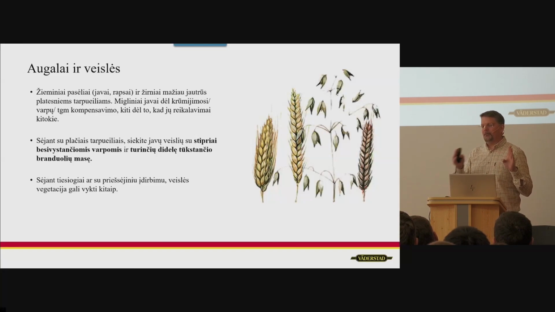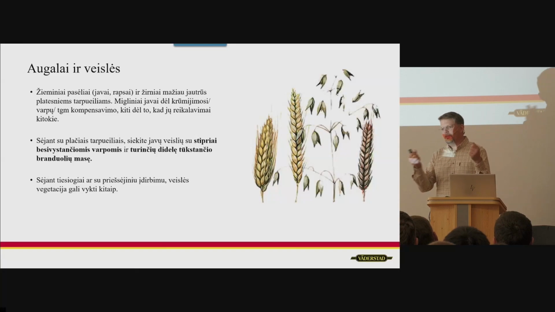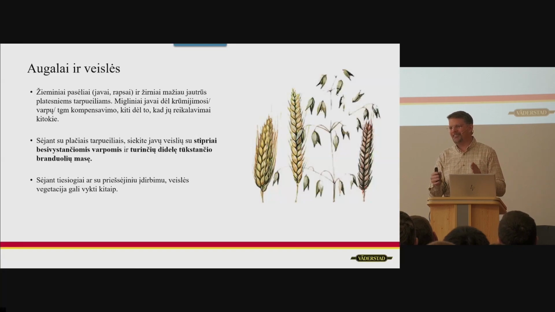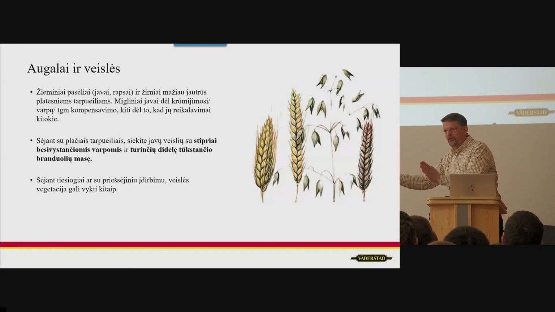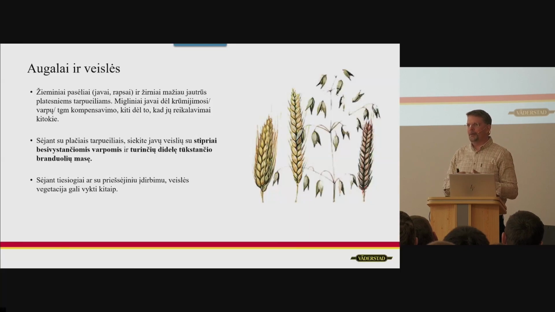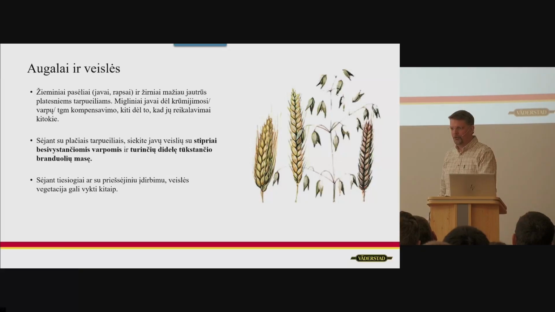And also, when you look at the trials, those trials are made in conventional systems, so you may not have the same strength of a variety in a no-till system as you do in a variety trial that you get offered from seed companies and so on. So be aware that there may be differences here. That's good to keep in mind also.